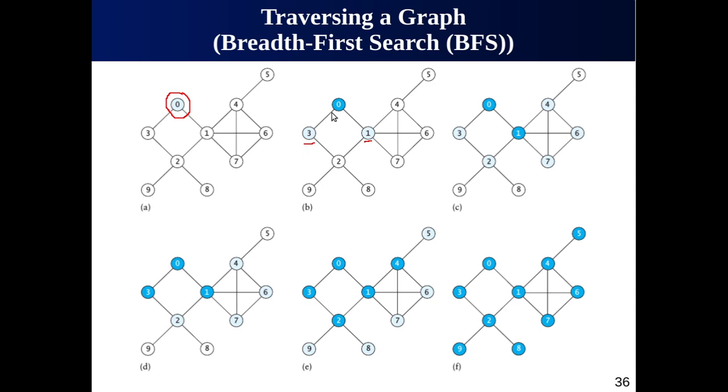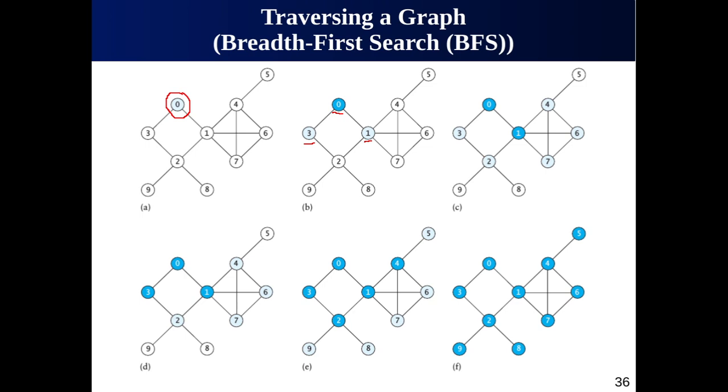Now we are finished with 0 because it does not have any other adjacent node. So we color it dark, as you can see here, which means we have visited 0. Visited means we have identified all the adjacent nodes of node 0. So far we have visited node 0 only.